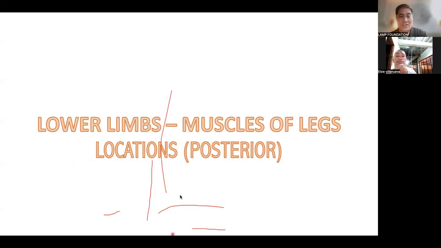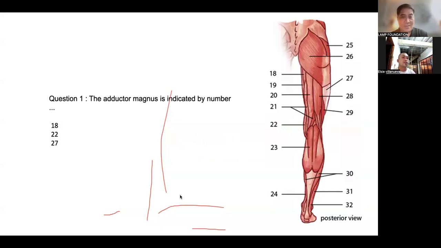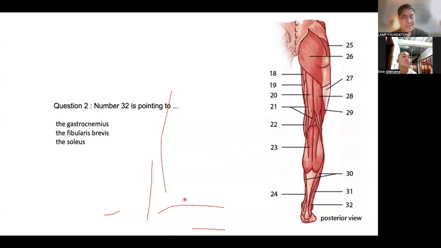Now we go to locations of the muscles of the legs. Posterior, sa likod. Adductor magnus is what number? Number 18. Number 32 is what? Fibularis brevis.